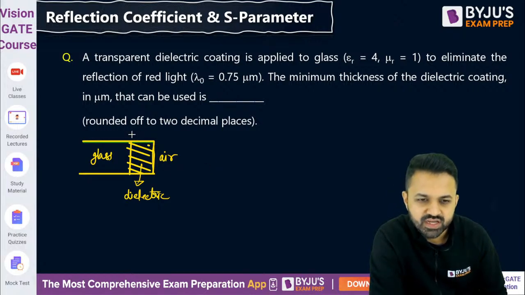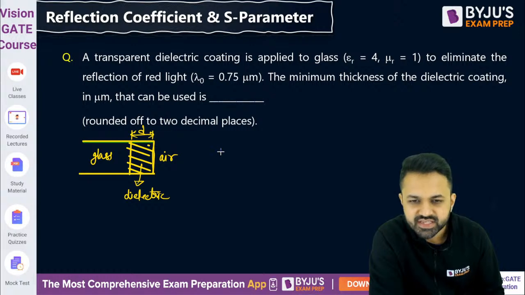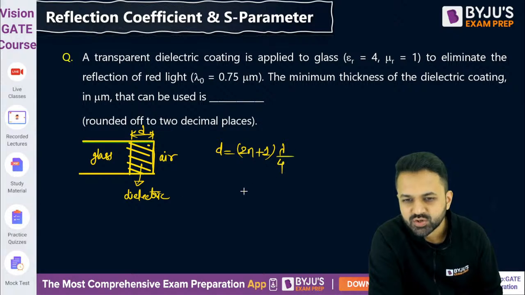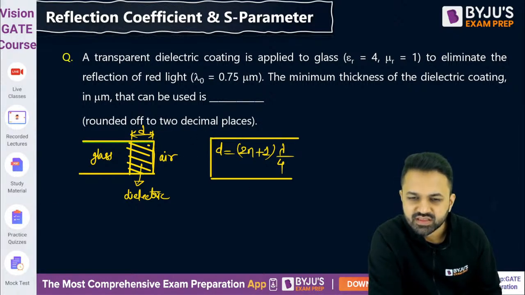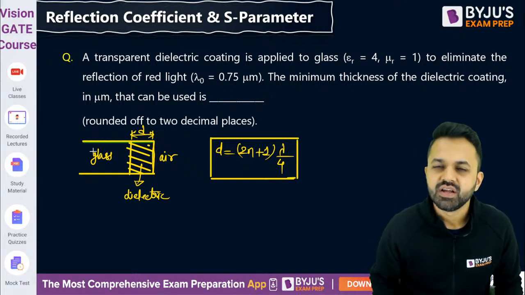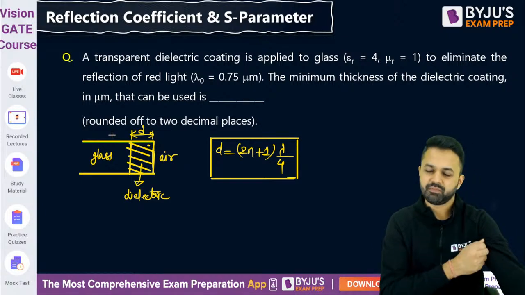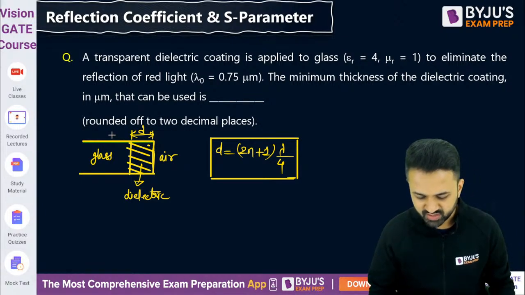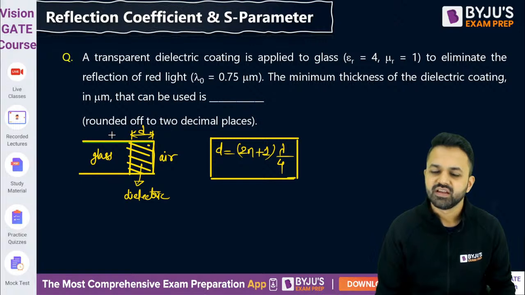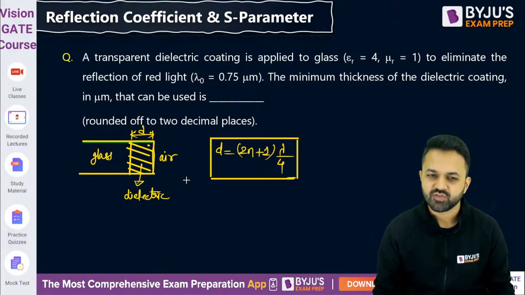So here the thickness we have to use is D, and this D should be lambda by 4 or an odd multiple of lambda by 4, as we use in the transmission line. How many of you know how we perform the matching with the help of a transmission line of length lambda by 4? With the help of the quarter wavelength, we can avoid the reflection from the load.